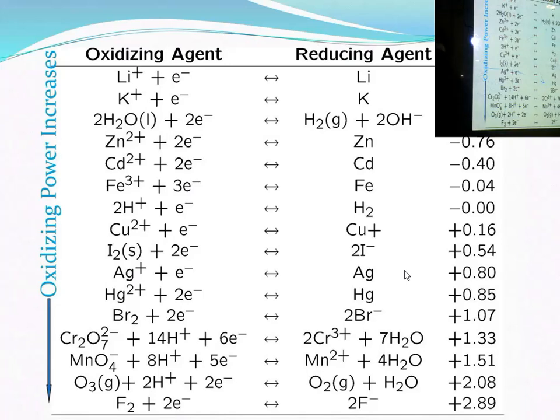Now Zn is giving Zn2+ + 2e-, and here the EMF is 0.76 volt, and Cu2+ + 2e- gives copper. So E cell equals E anode plus E cathode, equal to 0.76 plus 0.34 equal to 1.1. That is what I was telling.